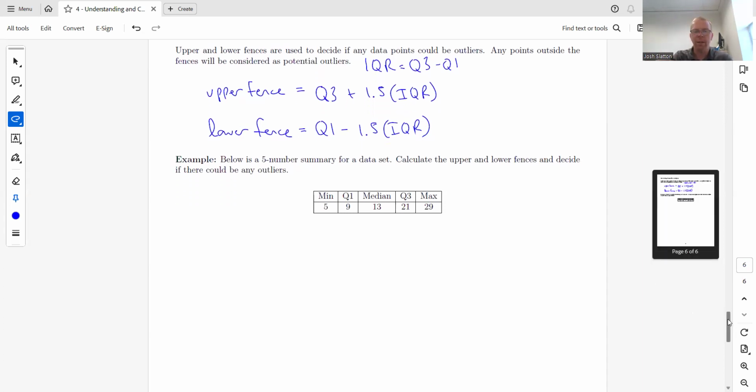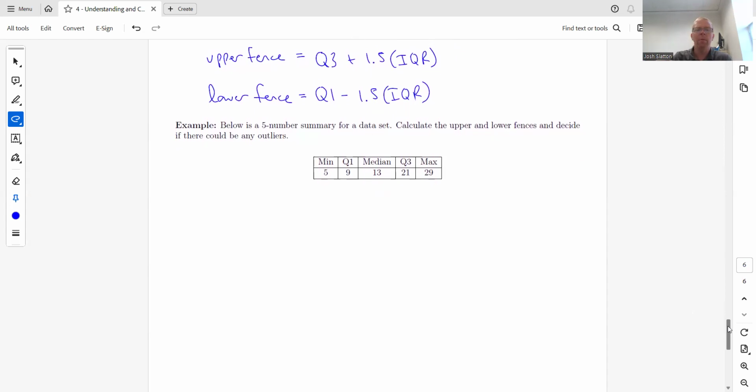So we have a data set here, and this is the 5-number summary. We want to calculate the upper and lower fences to see if there are any potential outliers. Let's first find the IQR. So the IQR is Q3 minus Q1, so 21 minus 9, which is 12. And then we're going to find the upper fence and the lower fence.